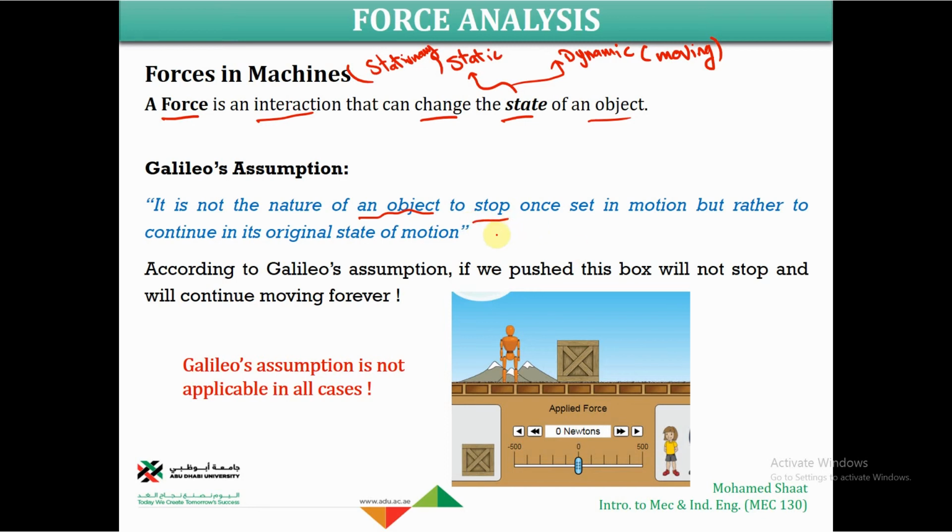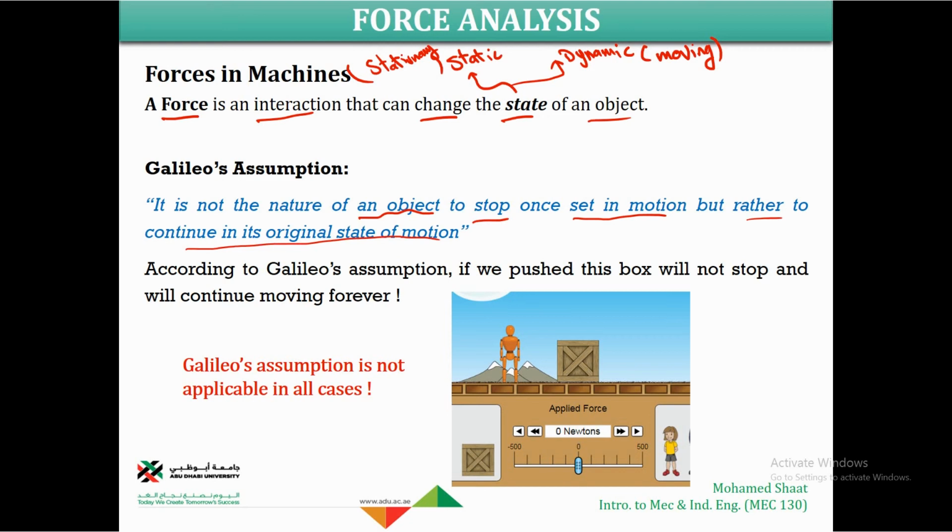You got my point? It is not the nature of an object that is already moving to stop once set in motion, but rather it will continue in its original state of motion. So according to this assumption, if there is a box that is already moving, this box will never stop.